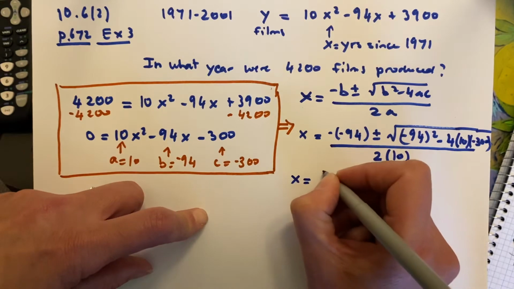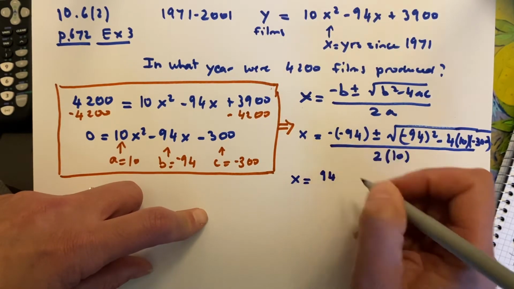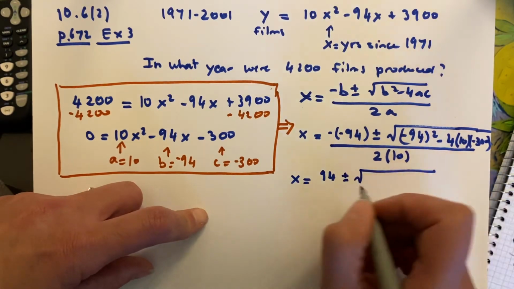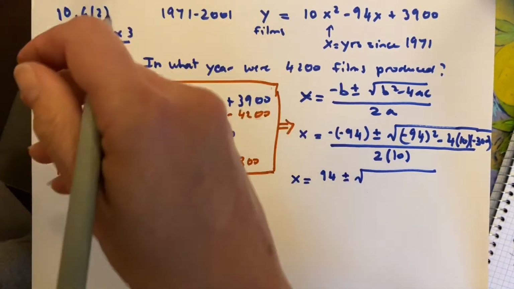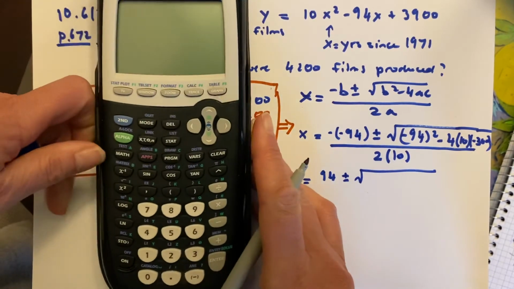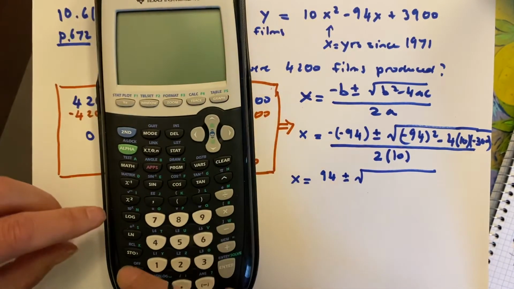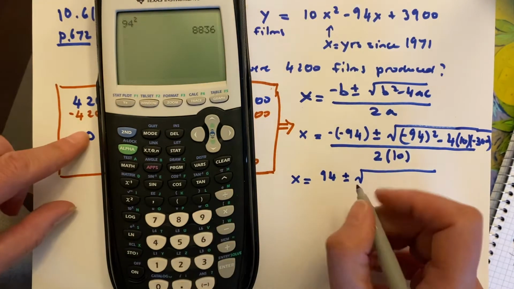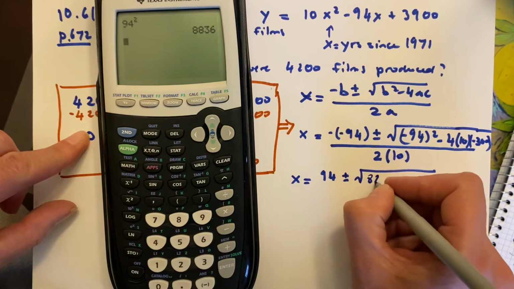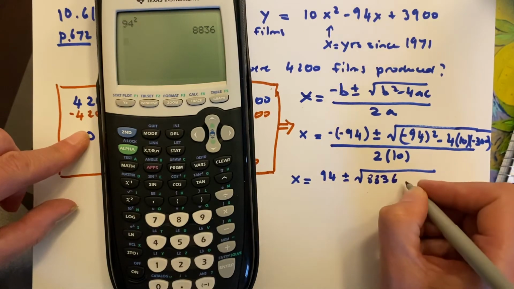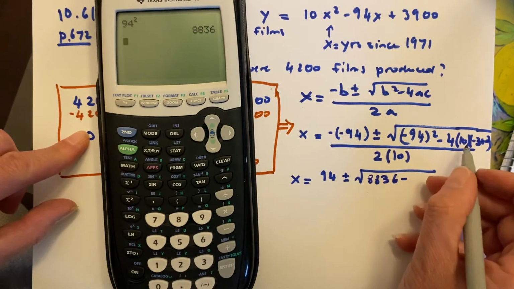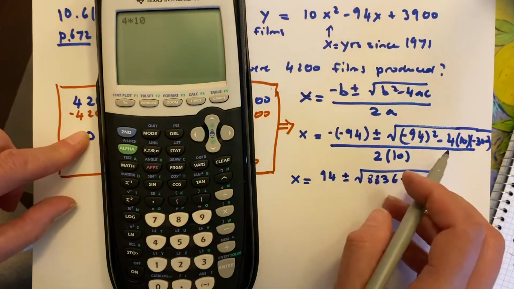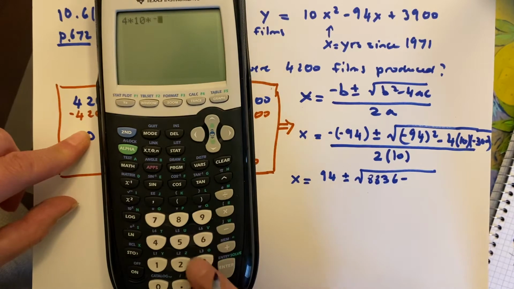x equals 94, because negative negative is positive, plus or minus the square root of 94 squared. Well, I'm certainly not doing that in my head. So 94 squared is 8836 minus 4 times a, which was 10, times c, which is negative 300.